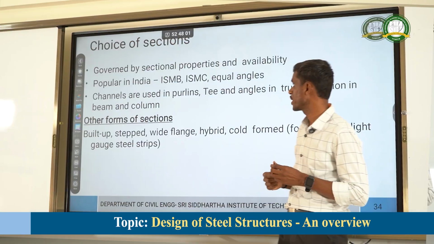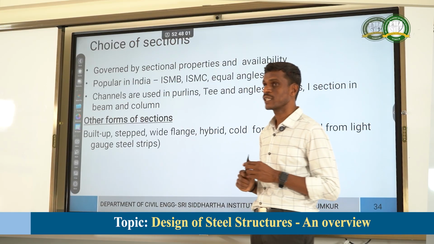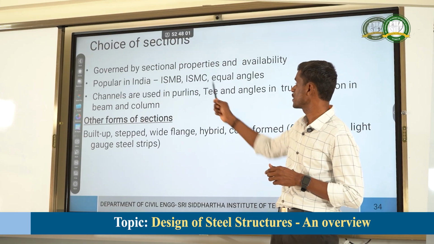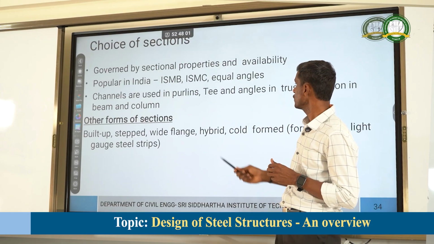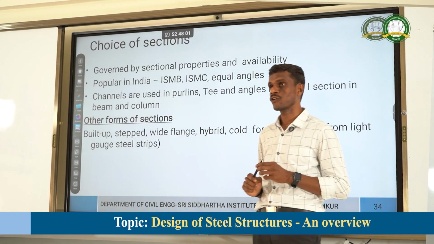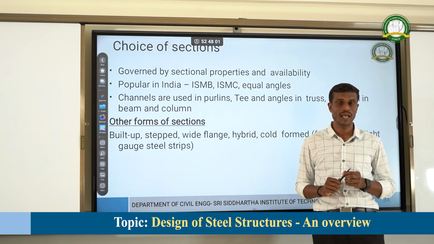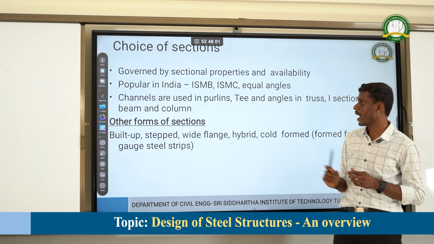Based on that we are going to select. The most popular sections in India are ISMB, Indian Standard Medium Beams, ISMC, Indian Standard Channel Sections, and angle sections. Usually we are going to provide ISA, it might be equal angle or unequal angle. So it is going to be called angle sections.